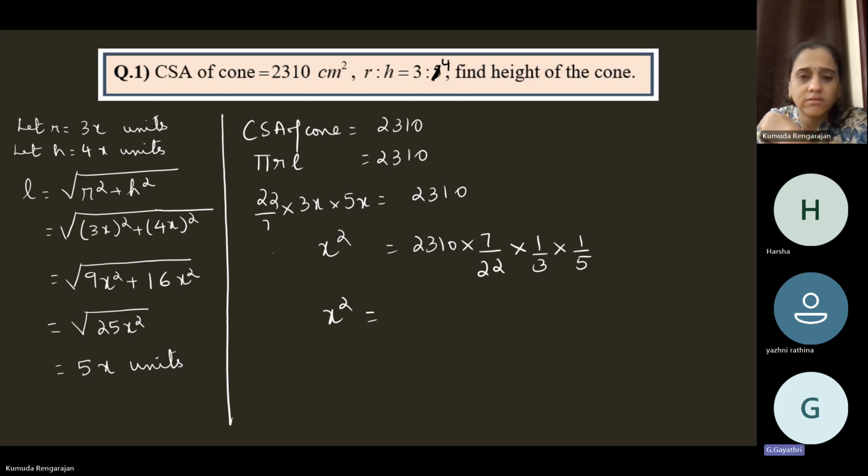Pi CSA is 2310. The CSA formula pi r l is equal to 2310. Pi is 22 by 7, r is 3x and l is 5x, correct? And x into x is x squared. Mom, I got 10 as 7x. I mean 7.